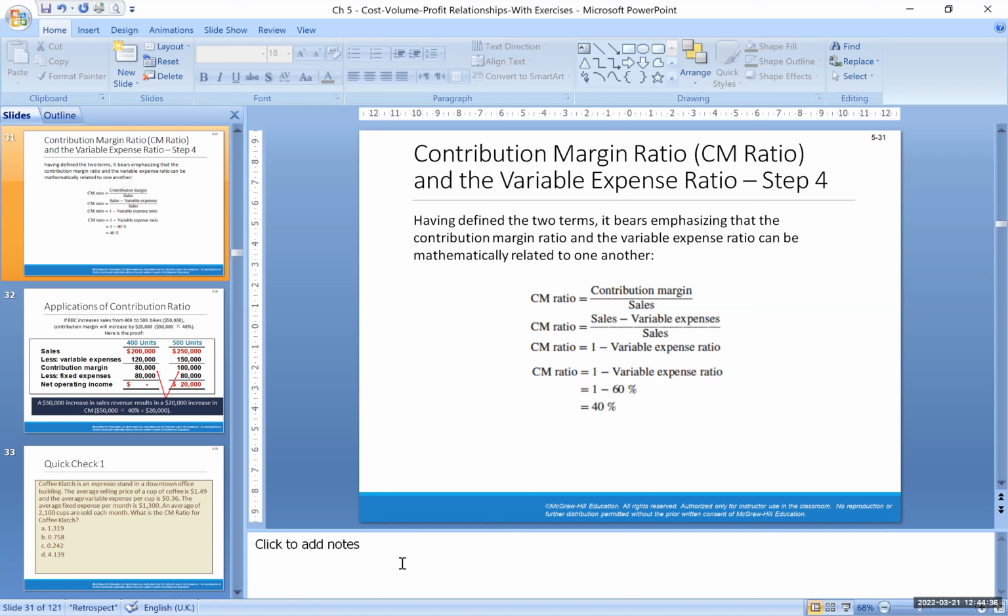Keep in mind that the contribution margin is equal to sales minus variable cost, or price minus variable cost per 1. So the 1 representing the price can be distributed into contribution margin on one hand and variable cost on the other hand. So 40% for the contribution margin, 60% for the variable cost.